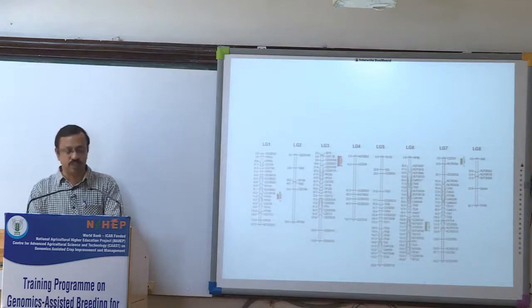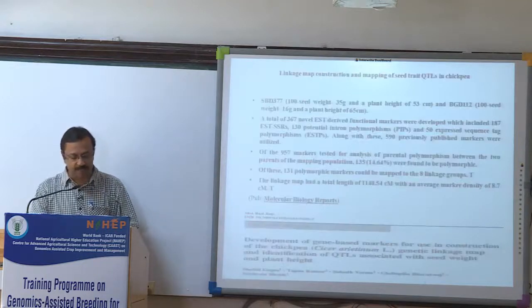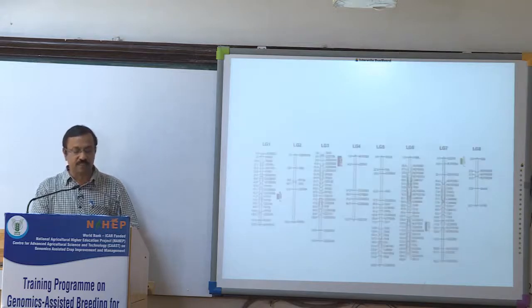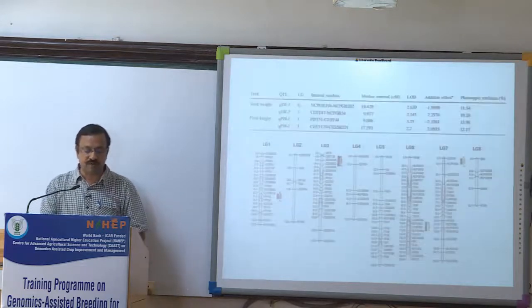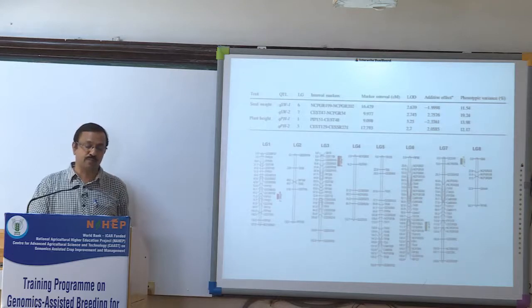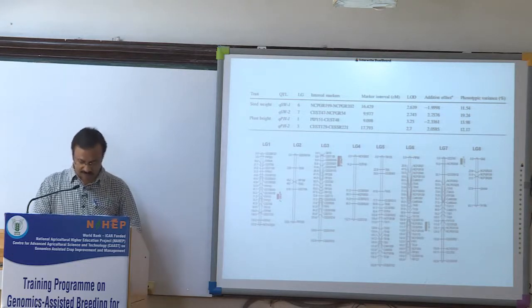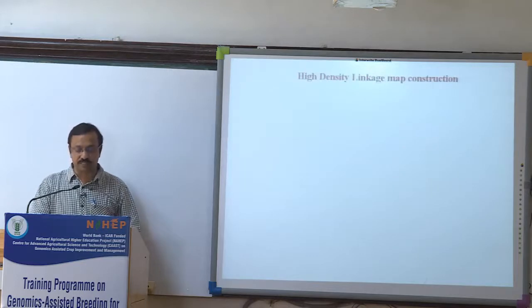But when we developed this map way back in 2011 or 12, we were still looking at linkage groups, and we could identify solid QTLs both for seed weight, for plant height, and for other basic quantitative traits.